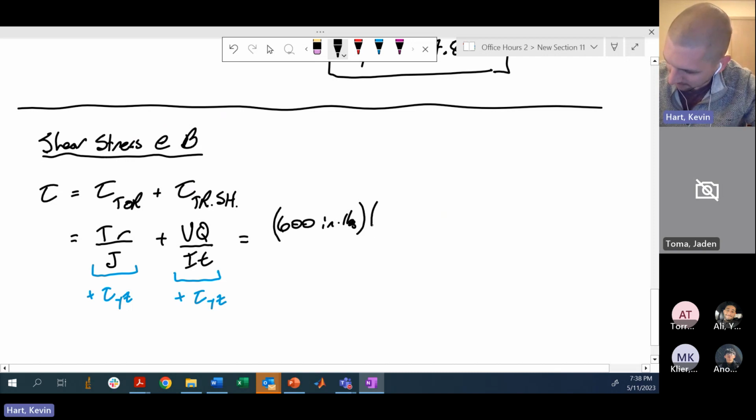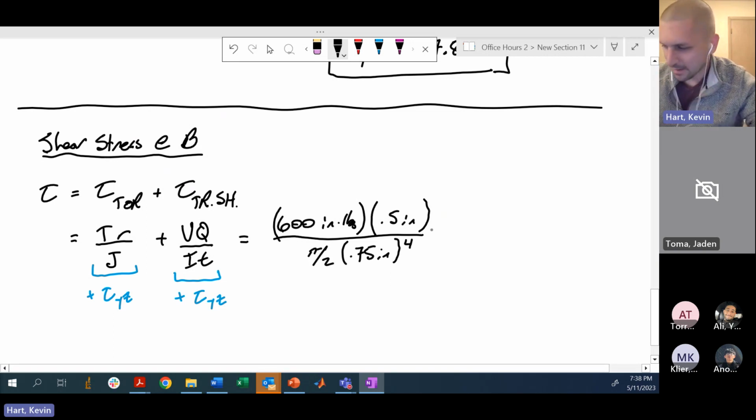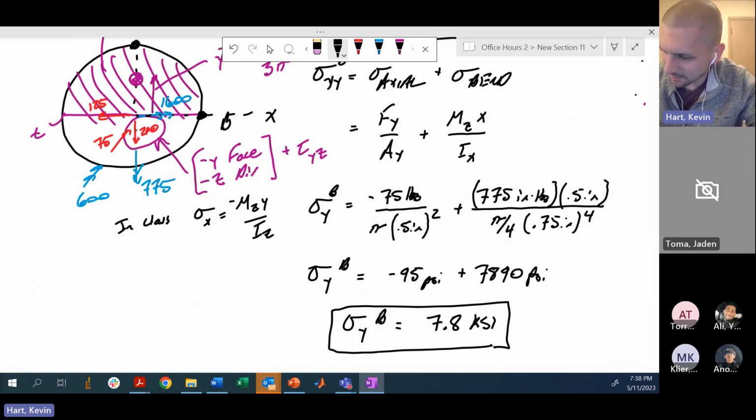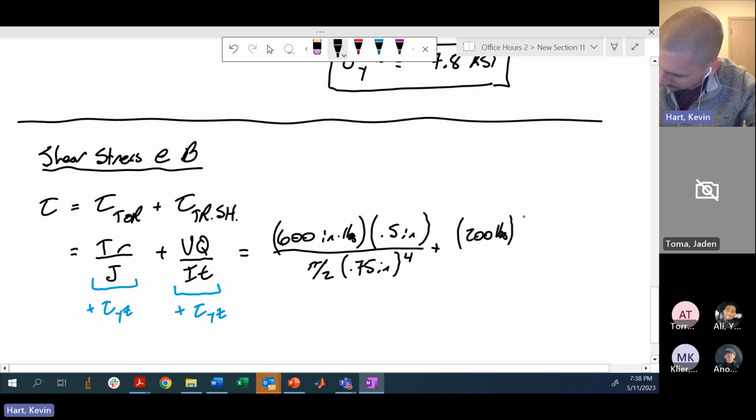The radial coordinate, just the radius of the piece out to point B, is 0.5 inches. J, my polar moment of inertia, is pi on 2, r to the 4th. Plus V, this is my shear load coming across the face. It's this 200 pounds here. Hopefully I can fit in my Q, which is A prime y bar prime.